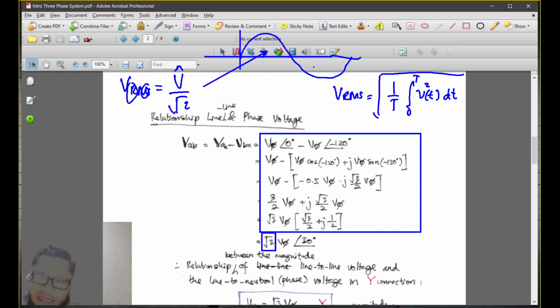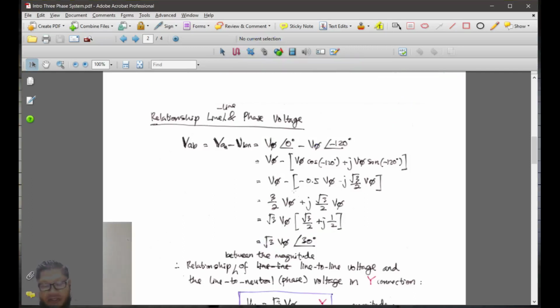By solving this sine function, finally you will find that VRMS for sinusoidal is always V peak over square root 2. So as an engineer, you need to know how you obtain that line-to-line voltage equals root 3 V phase, and so on and so forth.